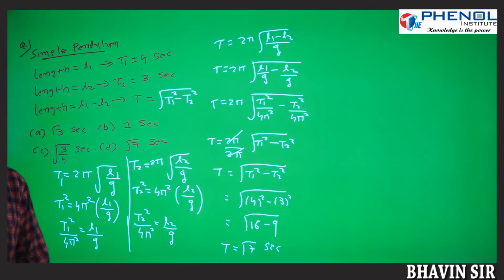Clear? So this is the final formula for the time period: under root T1 square minus T2 square.